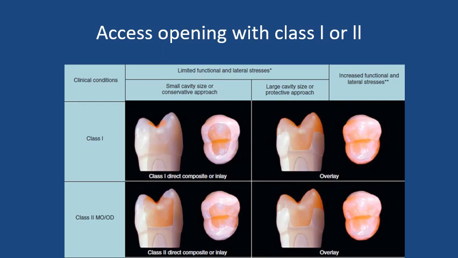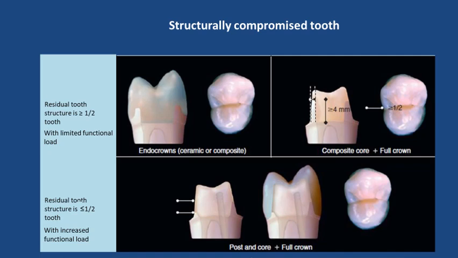In the case when the residual tooth structure is more than half of the tooth structure with limited functional load, the restoration of choice is the endocrown or a composite core or amalgam core followed by a full crown.